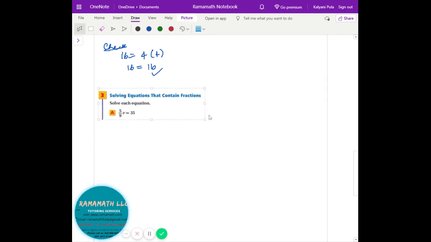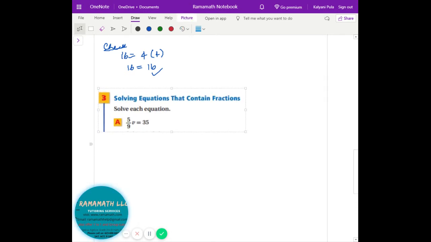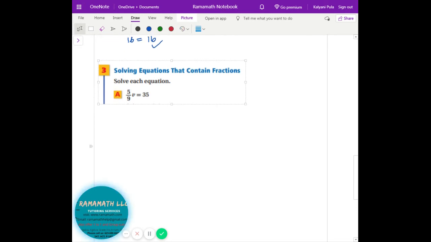Now this one, the number 3, we're using the fractions, basically. So for example, if you look at this question right here, I have 5 ninths of the variable is 35. First of all, I'm going to look for my variable right here. I need to isolate that letter, so I need to get rid of the 5 ninths.